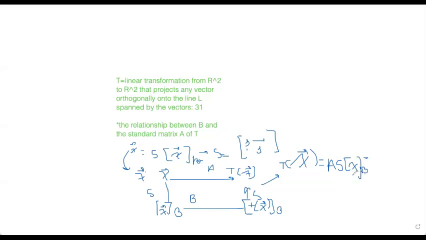Because this does equal X, and A times X is T of X, which is the same thing as S times B times this.